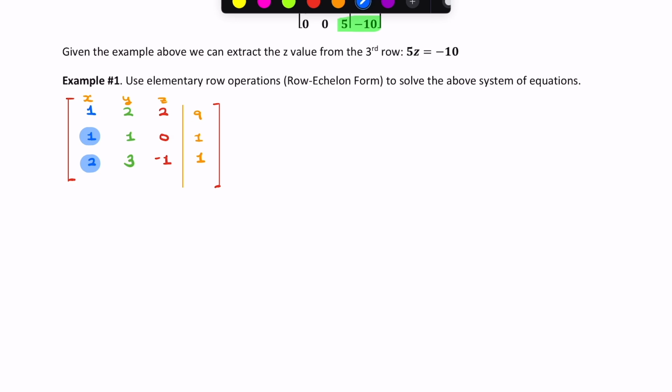And so how we do that is for row number 2, I'm going to take row 2 and we'll subtract it by row 1. Right, so row 2 subtracted by row 1, so 1 minus 1, which gives us 0. And here for row 3, again, we'll take row 3 minus 2 of row 1 to get that to 0 as well.